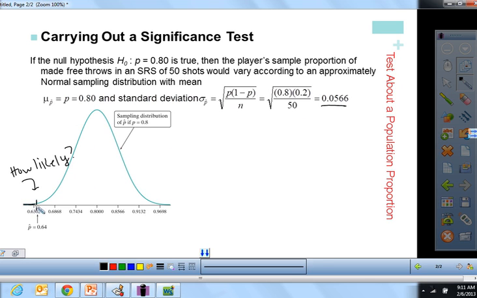So this area down here, past this point, that I just shaded in, is actually going to be called your p-value. Remember, the p-value is the probability of getting the result we got from our sample or something more extreme, given the null is true. So this is assuming that the null is true. Remember, this standard deviation came from the null, or what we assume to be true.